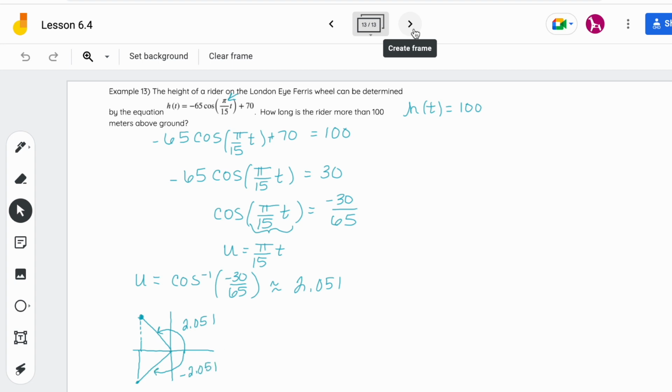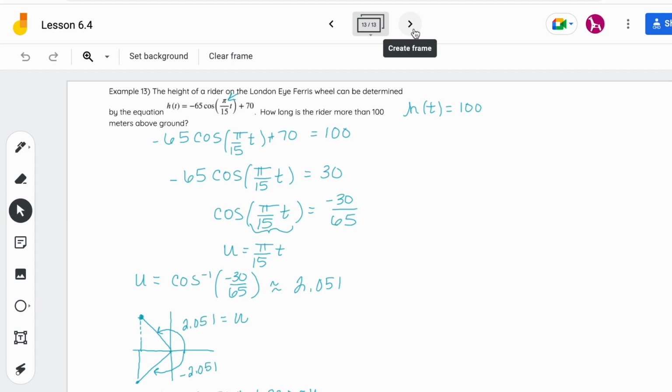So I could find my other angle by saying 2 pi minus 2.051, which is approximately 4.230. So this is my u values, but I'm not solving for u, right?